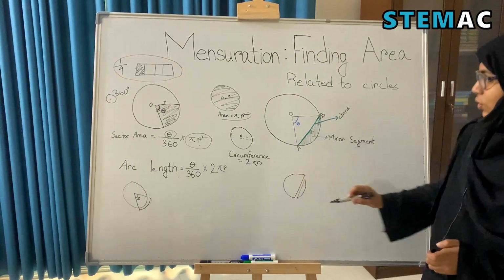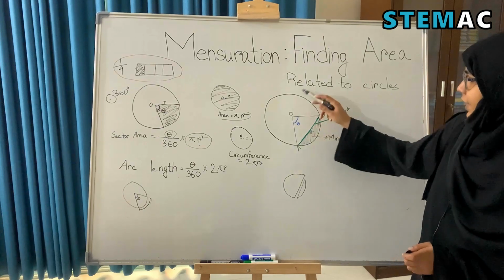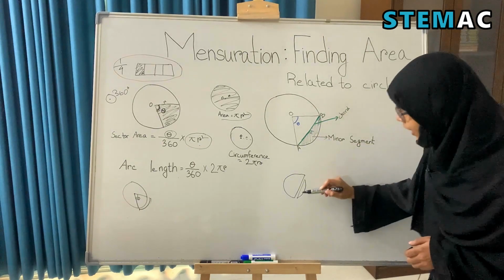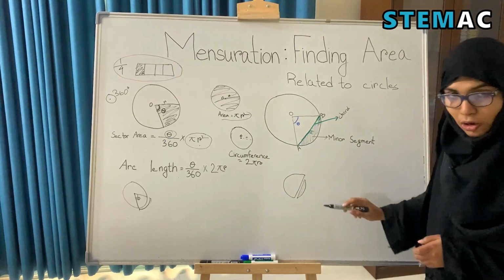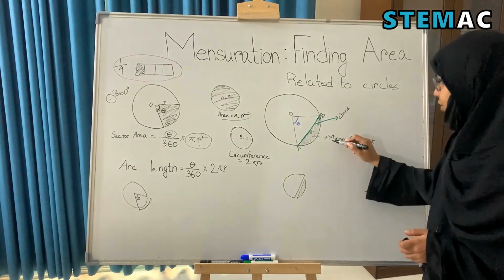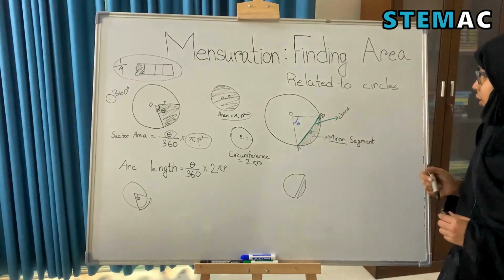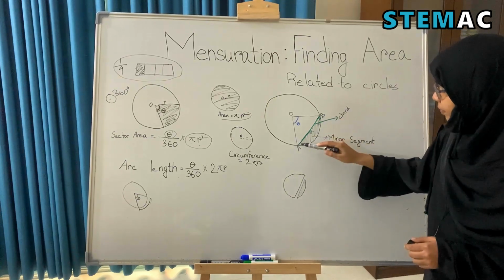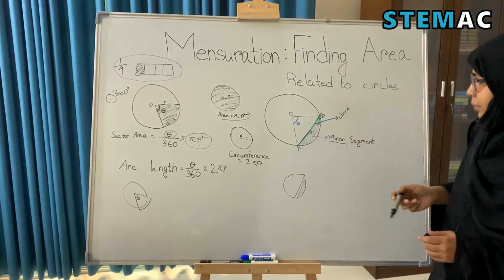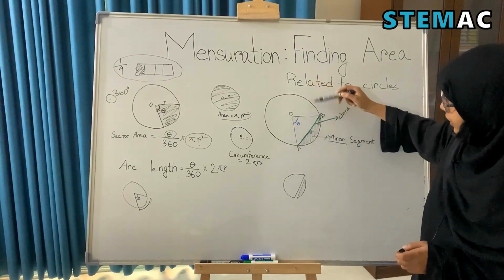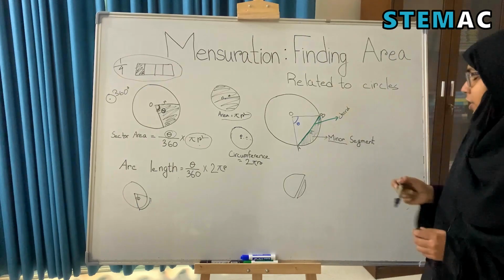Let us say this is a whole circle, and the chord is cutting the circle into two parts. The part consisting of a smaller area is called the minor segment, and the other part is the major segment. This part is the major segment.